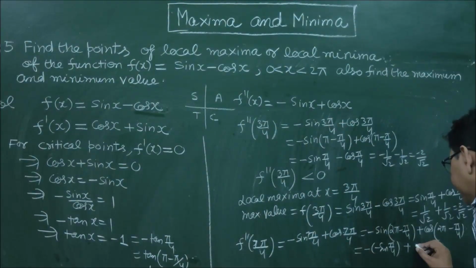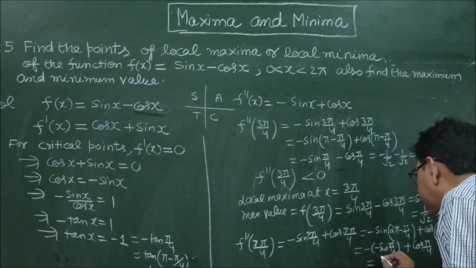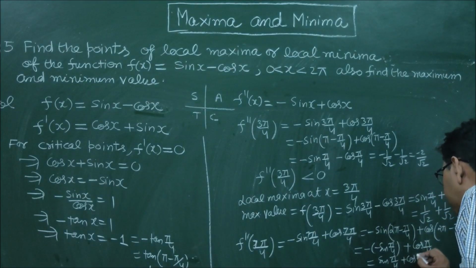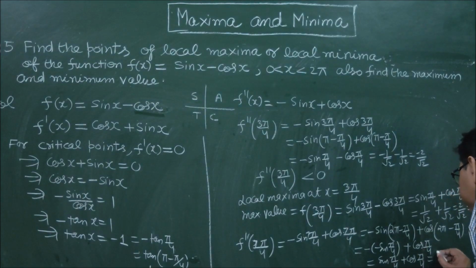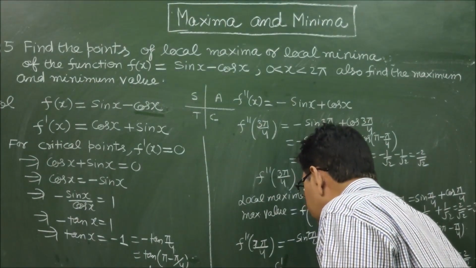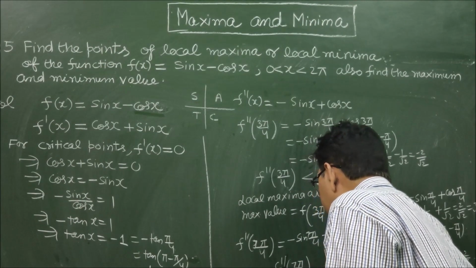So this is equal to sin π/4 plus cos π/4, and sin π/4 is 1 by root 2, plus 1 by root 2 is equal to 2 by root 2, which is a positive quantity. Means we can say f double dash of 7π/4 is greater than 0.